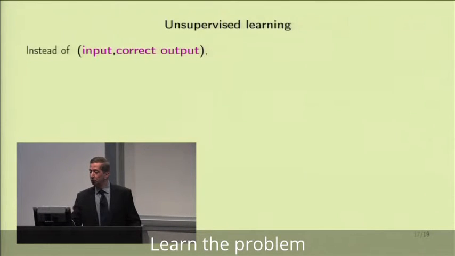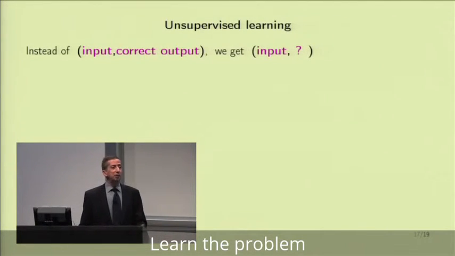I am just going to tell you what the input is. And I'm not going to tell you anything about the target function. I'm just going to tell you, here is the data of a customer. Good luck. Try to predict the credit. Well, how in the world are we going to do that?